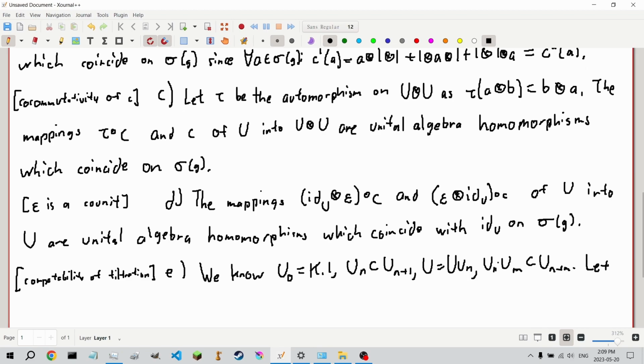Let alpha i for 1 through n be images of G in U.